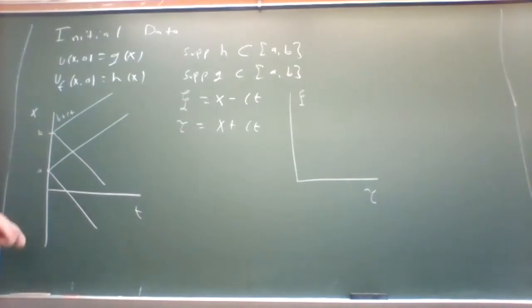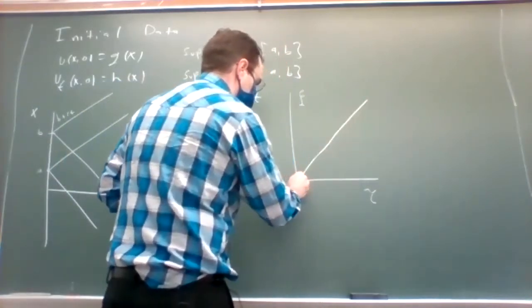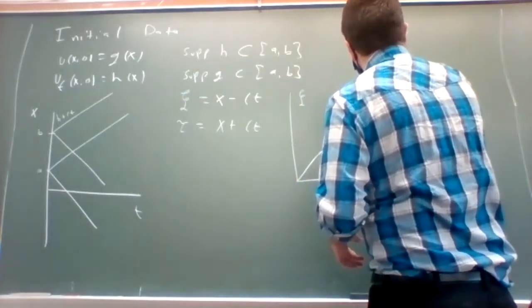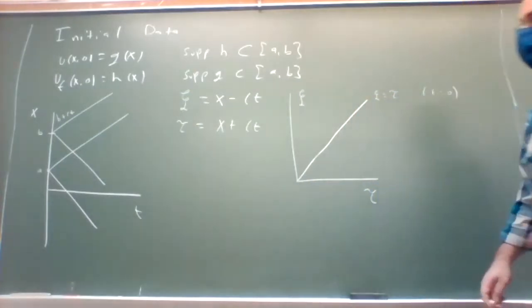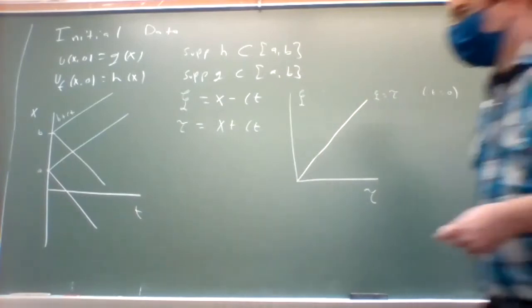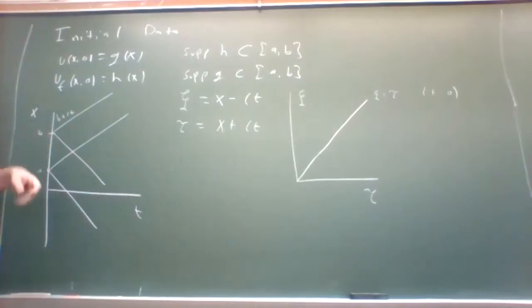So this initial line now looks like that. So t equals 0 or xi equals tau. a and b are, of course, points on that line.